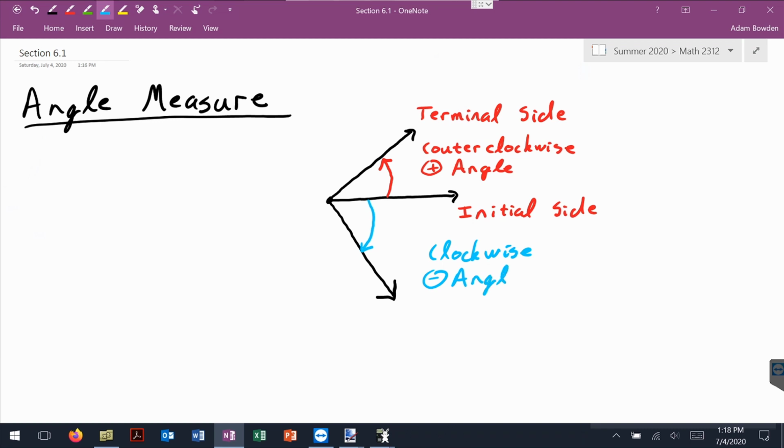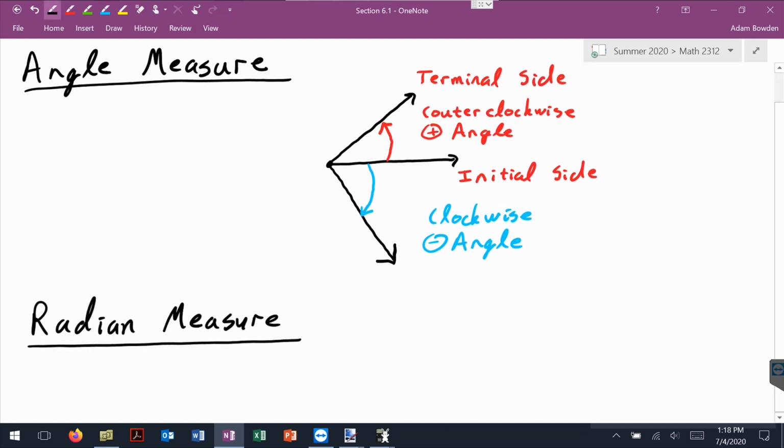It's the same idea from the unit circle, where clockwise results in a negative and counterclockwise results in a positive number, just as a convention to help us differentiate between the two different directions of rotation.